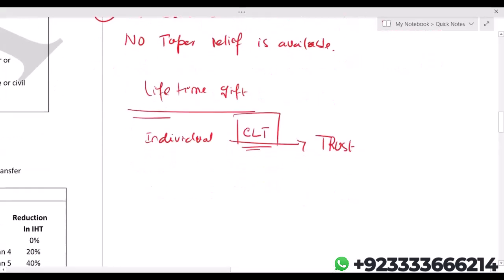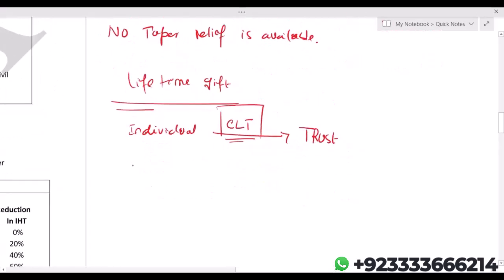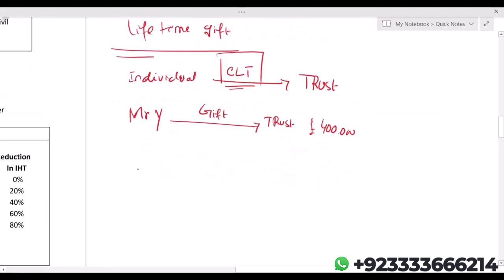So, for example, let's say Mr. Y has given a gift to trust, assuming the value of that asset is 400,000. Okay. Number one, it is CLT, chargeable lifetime transfer.